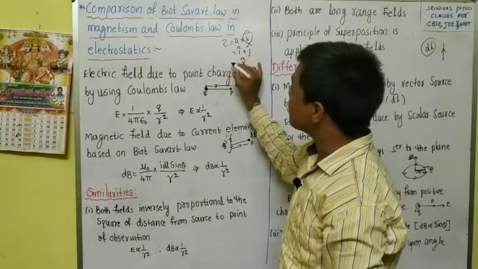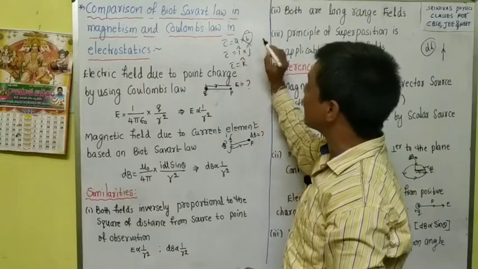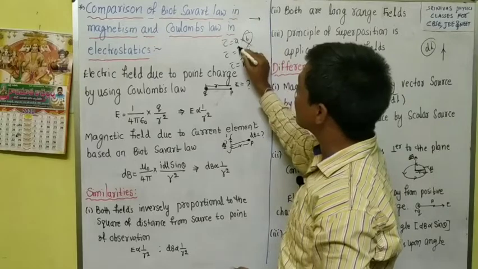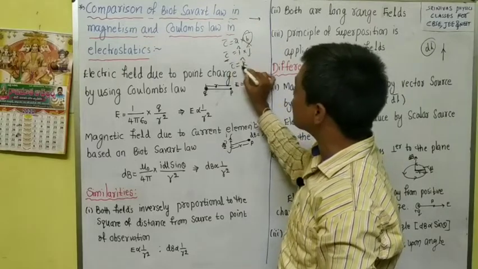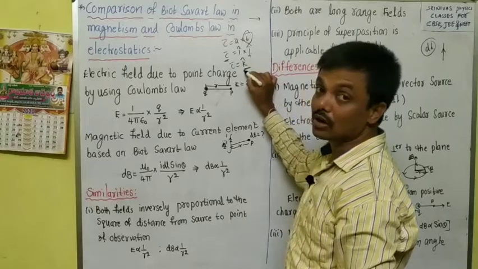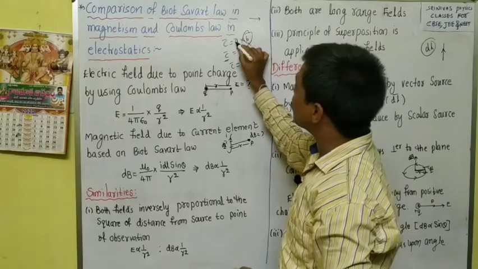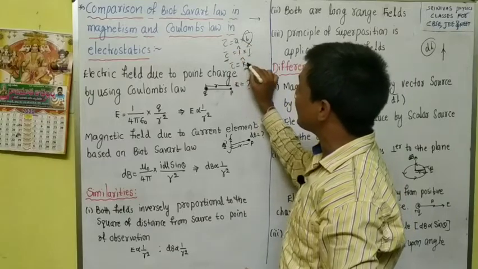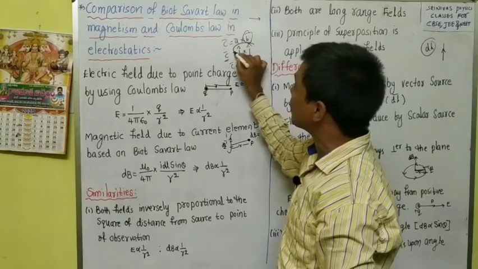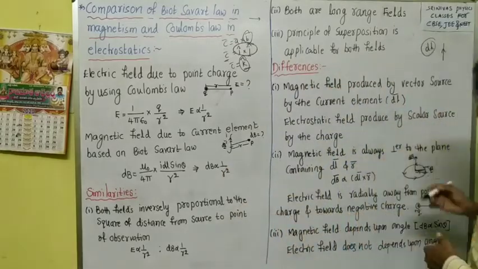That means C bar is along k cap. You learned in the 11th class that i cap cross j cap is k cap, right? That means when you do the cross product, we get a vector that is perpendicular to the plane containing the two vectors, right?